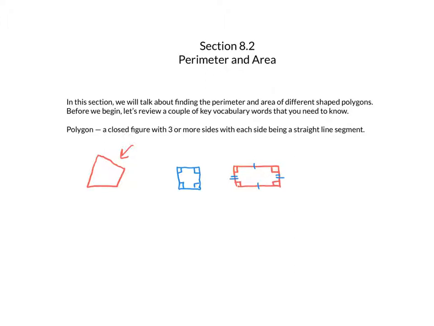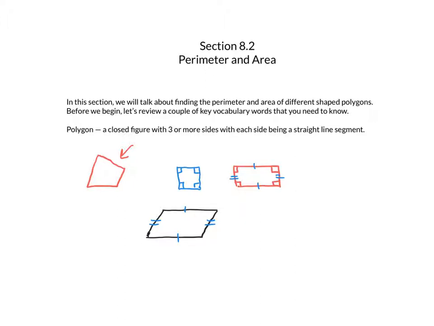Another common shape that you will see in this section is a parallelogram. A parallelogram is a four-sided shape where the opposite sides are parallel to each other. In addition to being parallel, the opposite sides are also the same length, and I'm going to indicate that by putting in those notches again.